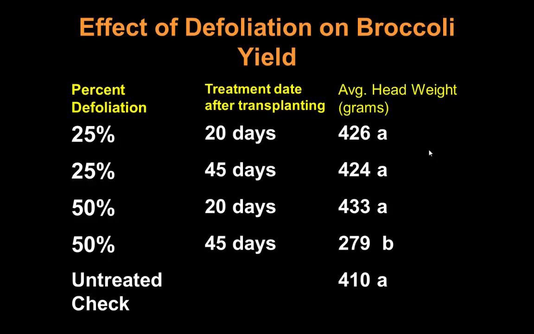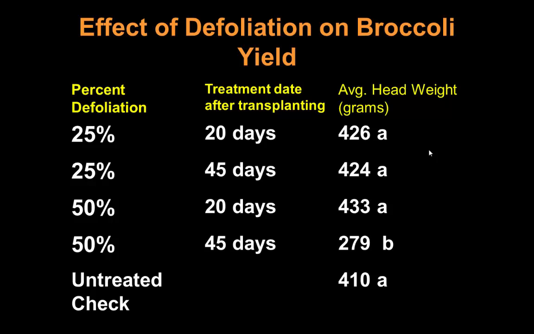And if you look at this, if I took 25% of the leaves off, which is a lot, more than most caterpillars will be doing, and I look at the yield, which is in the right-hand column, in grams, and compare that to the untreated check at the bottom, which was a plant that had perfect leaves, with no damage, the yield was equal to, maybe even a little higher than the check, even though they lost 1/4 of the leaves.